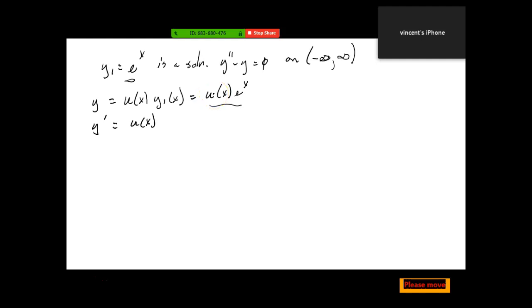U of x e to the x. No, just the derivative of e to the x is e to the x, right? Plus, so the product rule is the first times derivative of the second, which we just did, plus the second times derivative of the first. Well, we don't know what u of x is, but its derivative is u prime of x times the second, which is e to the x.